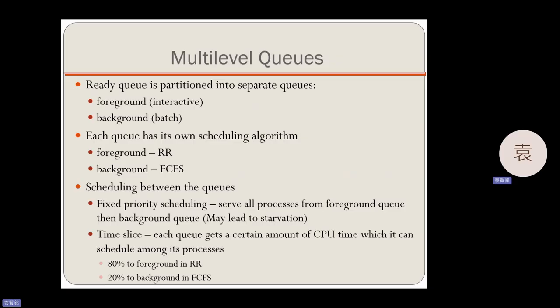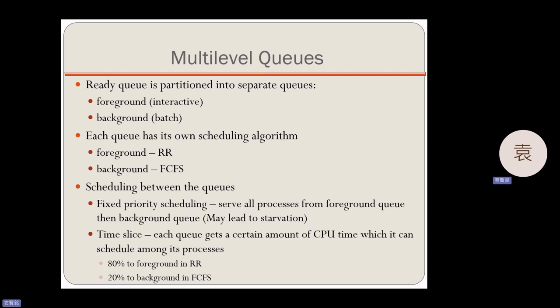The user doesn't interact with the task in the middle. Once you submit, you go ahead and do something else. Eventually you get notified that the outcome has come, then you pick up the outcome. So first come first served is all right for this kind of task.